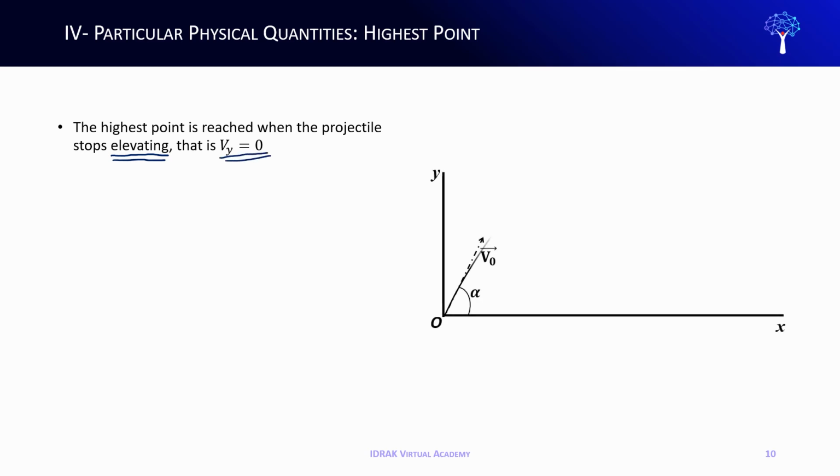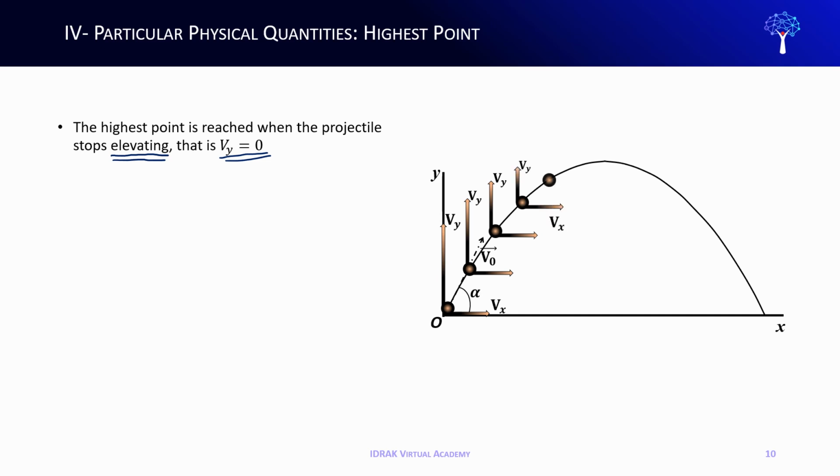So if we consider it in the projectile path, the particle is launched initially. As it elevates, you notice Vx is always the same, but Vy decreases until it becomes 0 at the highest point. Now, the projectile doesn't stop here, as you can notice in some cartoons. If it stopped, it would drop directly here.